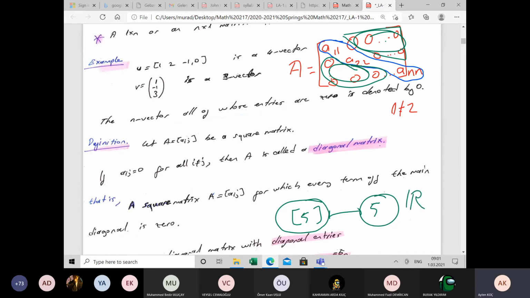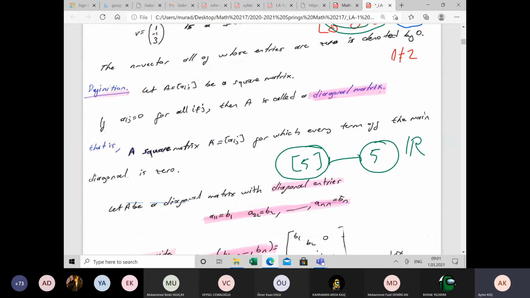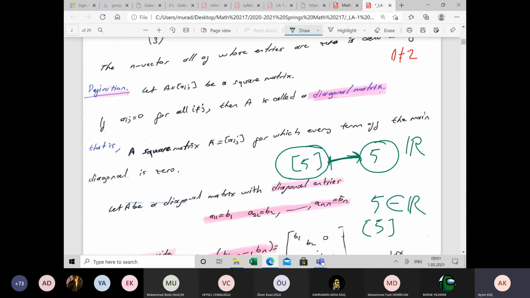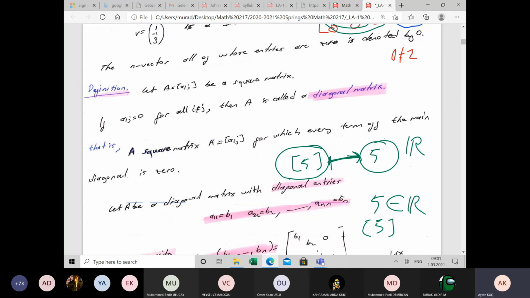The critical point here is notation, it is important. This one is 5, a real number, but this one is a matrix containing only one entry. But it is possible to write these one-to-one, matrices corresponding to the real numbers. It's okay?